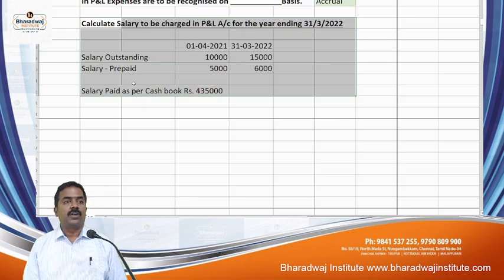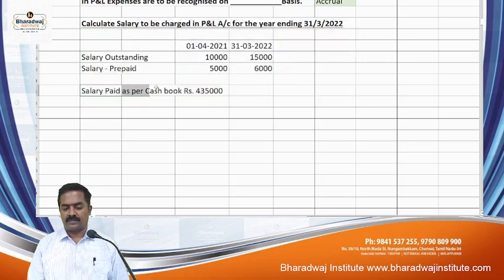That is, in P&L account, how much you will charge in a question. As per cash book, how much is paid?